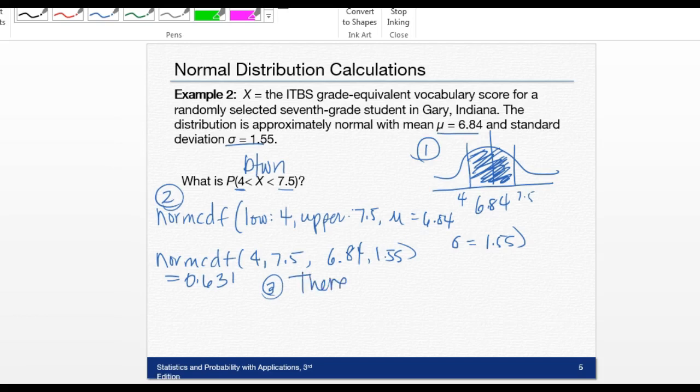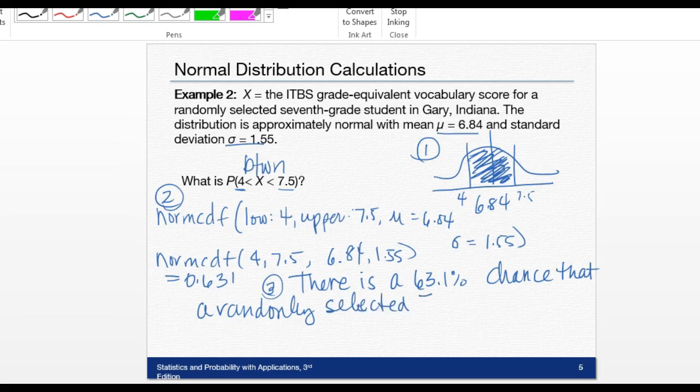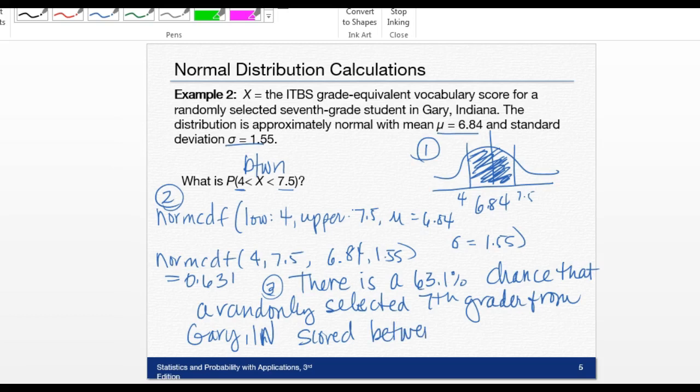You can say there is a 63.1% chance that a randomly selected 7th grader from Gary, Indiana scored between a 4 and 7.5.